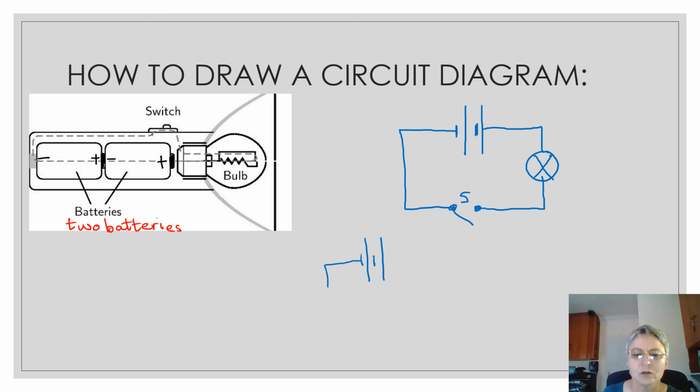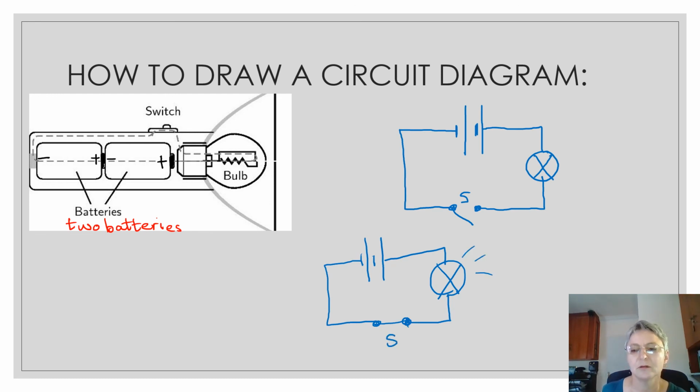Then we go to the closed switch, where the gap between the dots is bridged. And then the electricity will flow, so this lamp will shine. Okay, so it will give light.